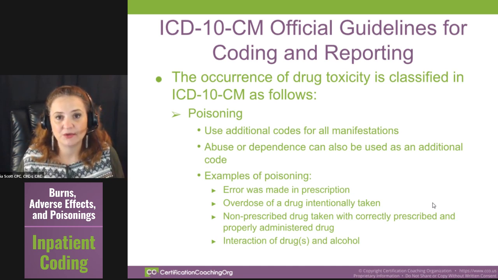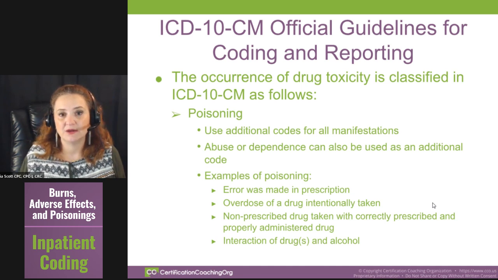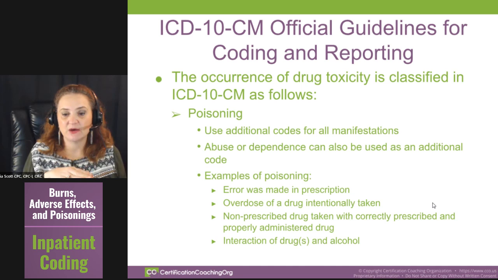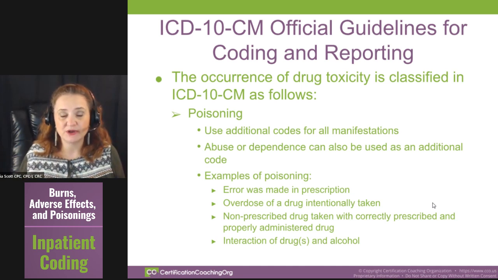You start having internal bleeding. You start having maybe blood in your stomach or your stools. So that is taking a non-prescribed drug because it's over the counter, and you're taking it with correctly prescribed Coumadin. The prescription was correct and you're taking the Coumadin correctly, but it is going to poison you because they're both blood thinners.